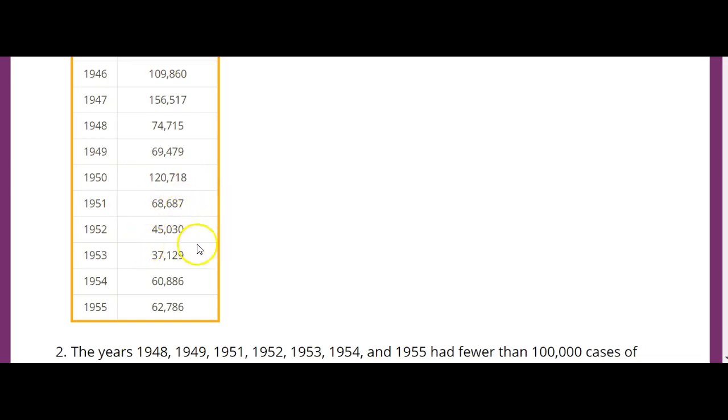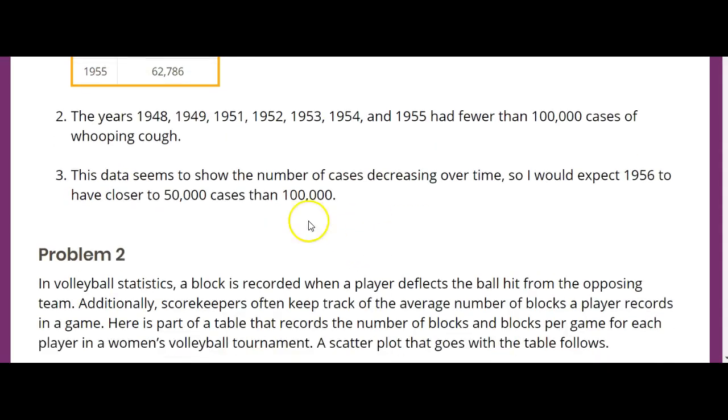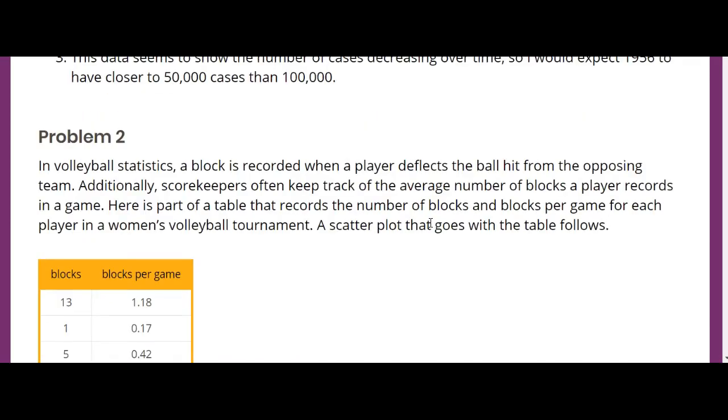And then it was low, below 100,000, and now 68, 45, 37, 60, and 62,000. That's below. That's closer to 50,000. So the data seems to show the number of cases decreasing over time. So I would expect 1956 to have closer to 50,000 cases than 100,000 cases.